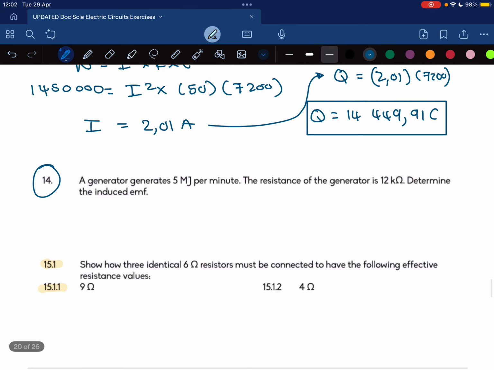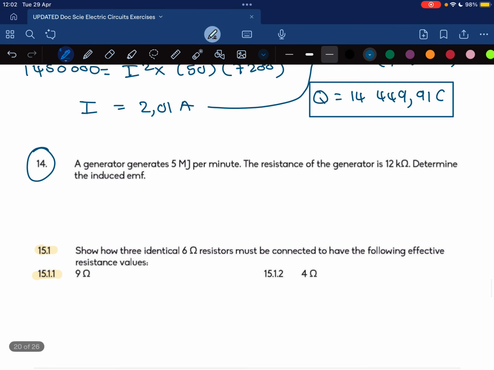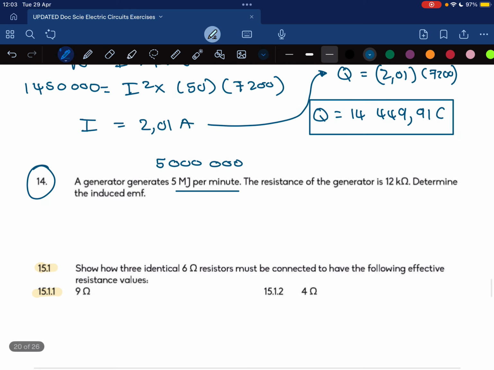Then number 14 says a generator generates 5 megajoules per minute. Megajoules of energy is just going to be 5 million joules. Megajoules and gigajoules are not something we would give too often, whereas kilojoules and micro are very common.